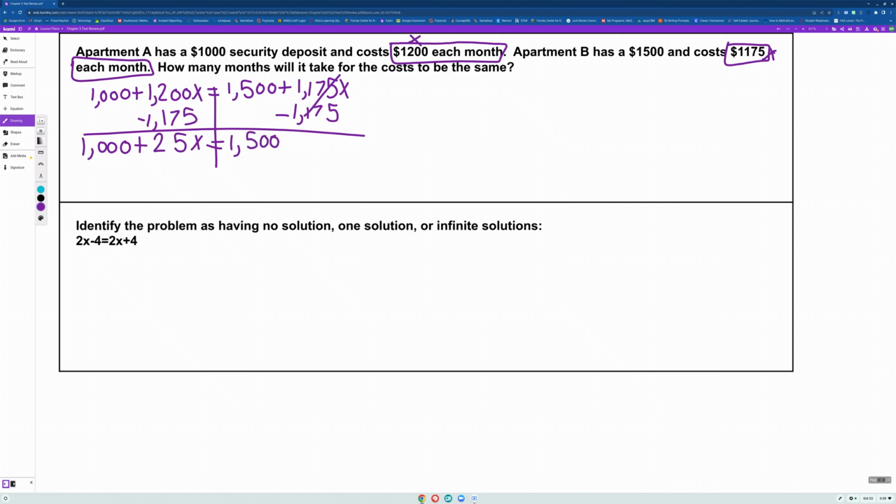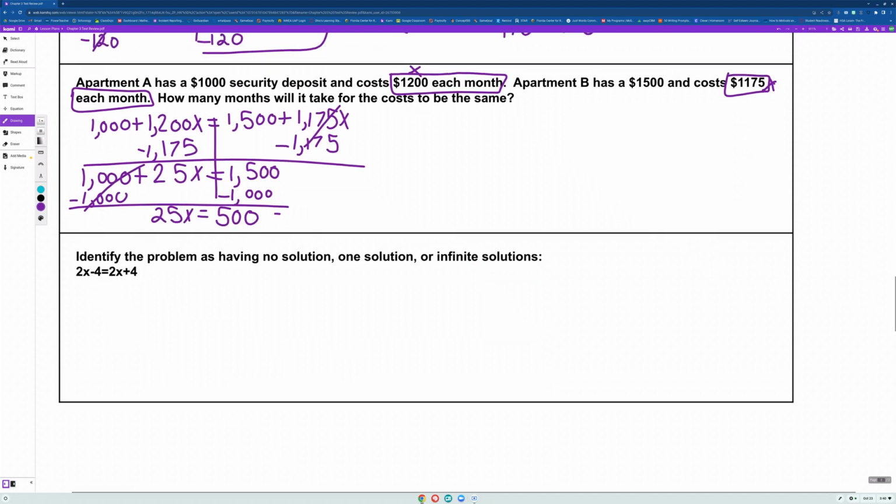So now I have to get my 1,000 to the other side of my equation so that my 25x is by itself. So to do that, I'm going to subtract 1,000. These are going to cancel, and I get 25x is equal to 500.